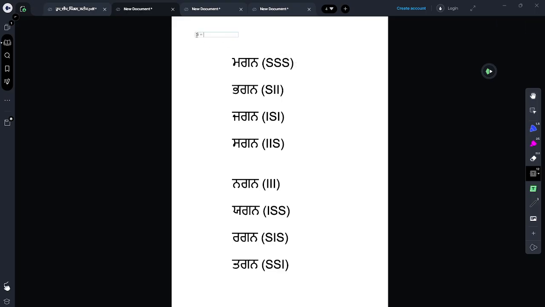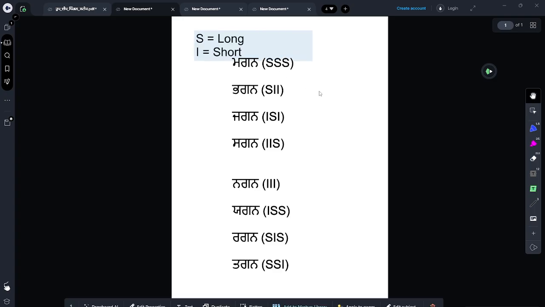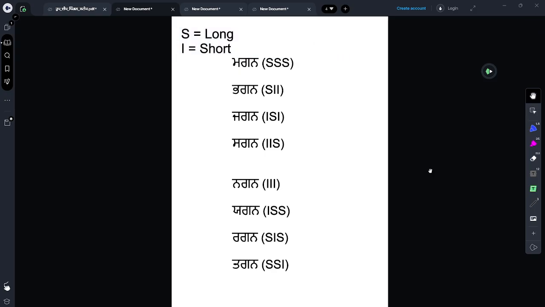S refers to a long syllable, and I refers to a short syllable. So we learned what a diragh and a laghu matra is. So S is representing a diragh matra, and the I is a laghu matra. And so these are our building blocks, sets of 3 matras. And this is how we're going to compose our shands. Okay, how we're going to create our meters.